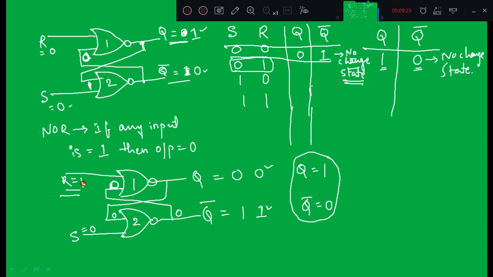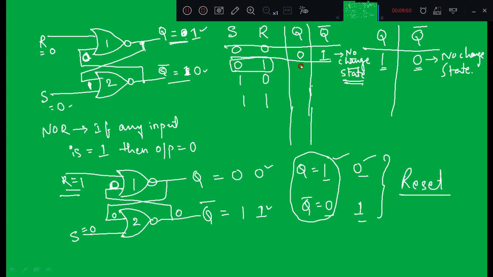Since one of the inputs is 1, Q will become 0. And this 0 is applied to the second NOR gate, 0 NOR 0 is equal to 1. Are you getting the same state here? No, the previous state was 1 0 and now I am getting 0 1. So I cannot call this state a no change state.